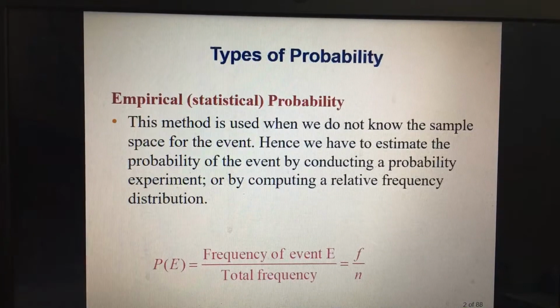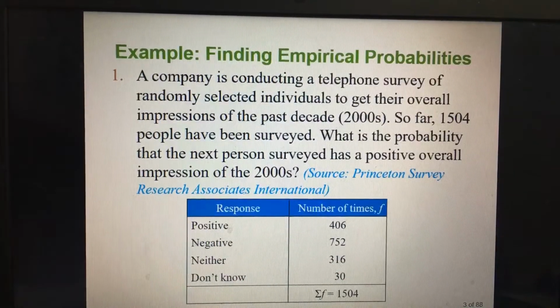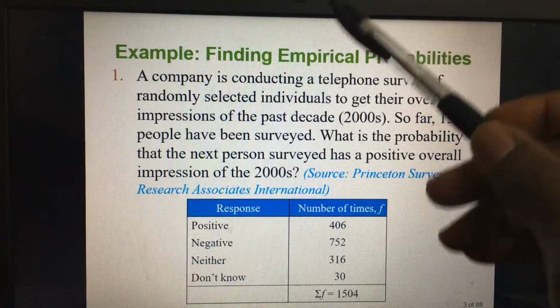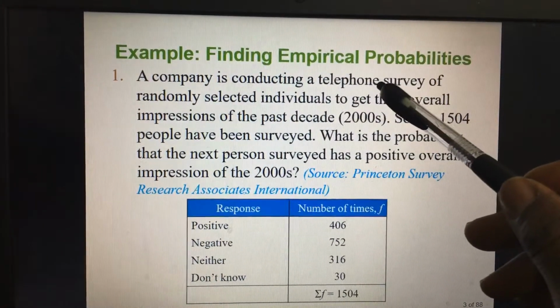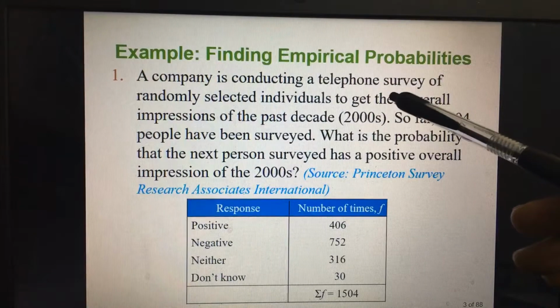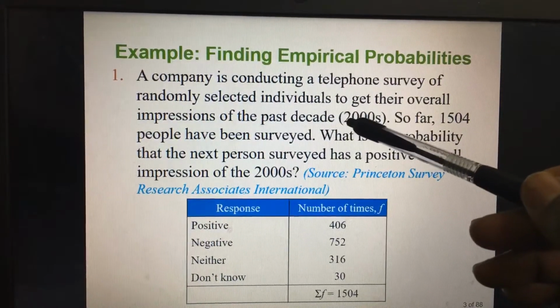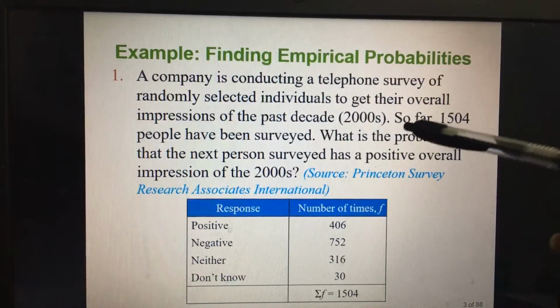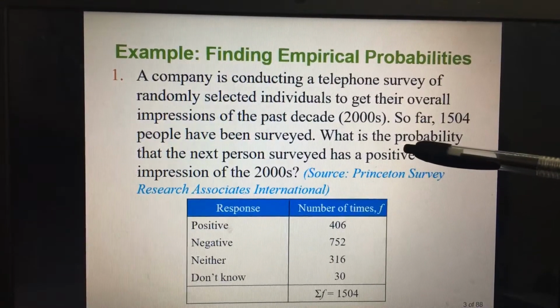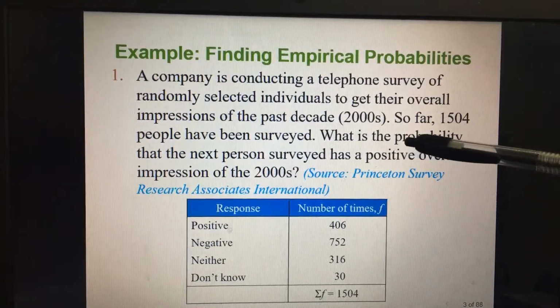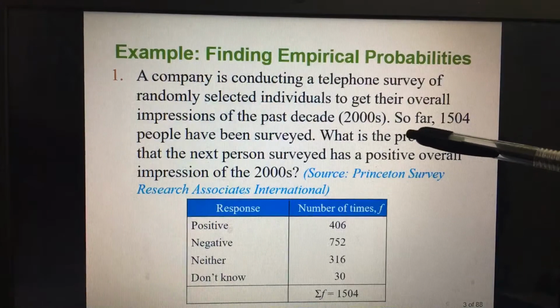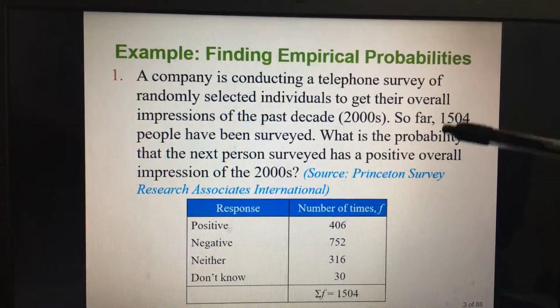Let us see how this works. Look at this example on the screen. It says here that this company is conducting a telephone survey of randomly selected individuals to get their overall impression of the past decade, that is 2000.